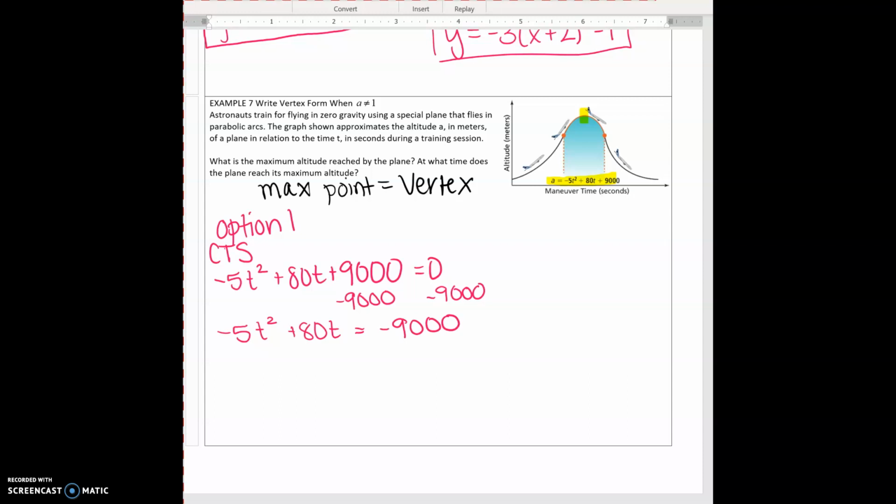Okay, and then the next step is taking that greatest common factor out, and remember, if we have a negative in front, we are going to pull the negative out. So t squared, 80, pulling out negative 5, so 80 divided by negative 5 gives you negative 16t, and then I'm going to leave a space, equals negative 9,000.